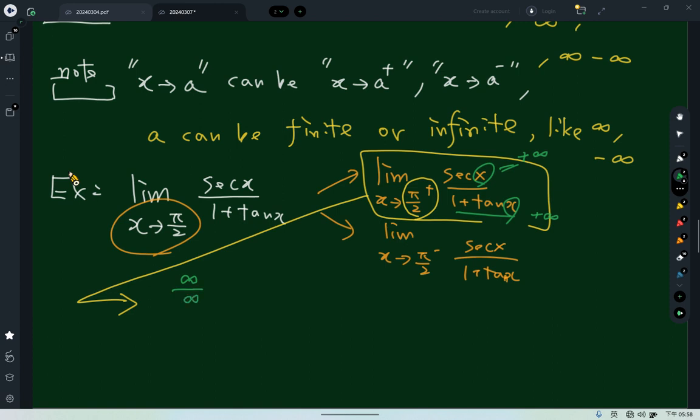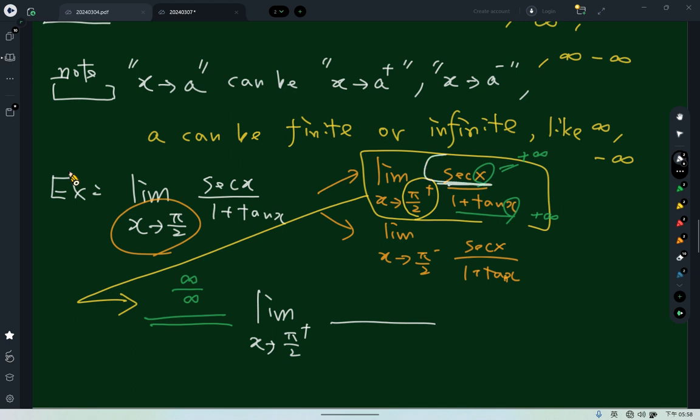So it is also an indeterminate form. So you can just continue to calculate its limit by differentiating.